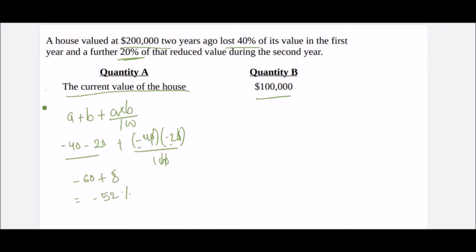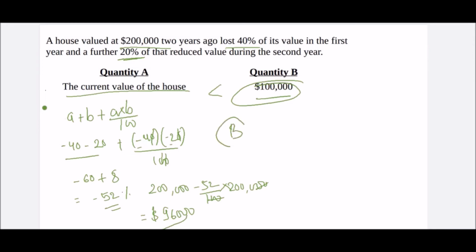So the value is decreased by 52% in total. So we have to find the reduced value. 200,000 minus 52% of 200,000, the zeros cancel out, and the value will be $96,000. Here quantity B is greater than quantity A, so the answer will be B.